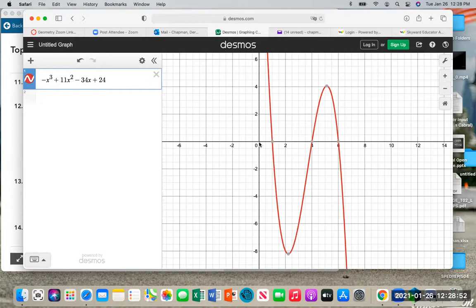So after 1 hour of hiking, 2 hours of hiking, 3 hours of hiking, as time goes by, this graph represents Sadie's elevation. These x-intercepts they were asking about, 1, 4, and 6, basically represent at hour 1, I am 0 meters off of the ground. So it's an x-intercept. So basically they're at sea level.